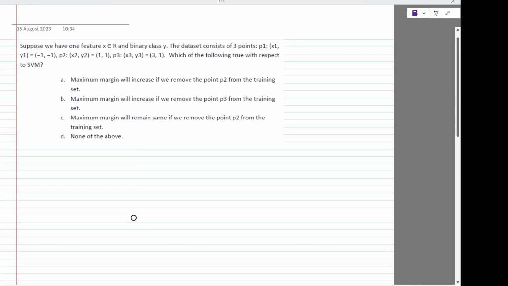Suppose we have one feature x in R, so one dimensional feature, and binary class y, two classes. Dataset consists of 3 points P1, P2, and P3. Which of the following is true with respect to SVM? Let me just draw this, it's one dimensional. 0, 1, -1.